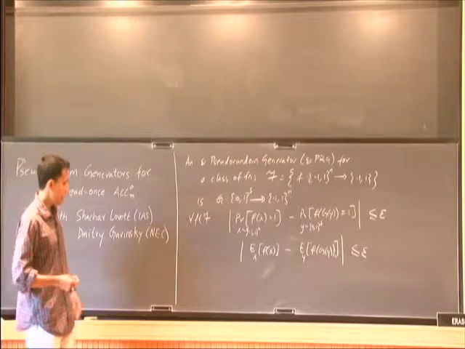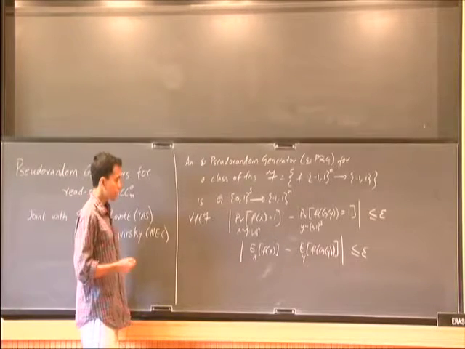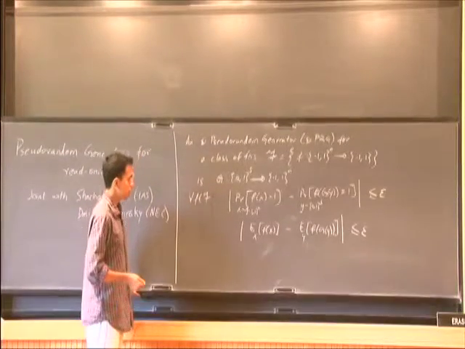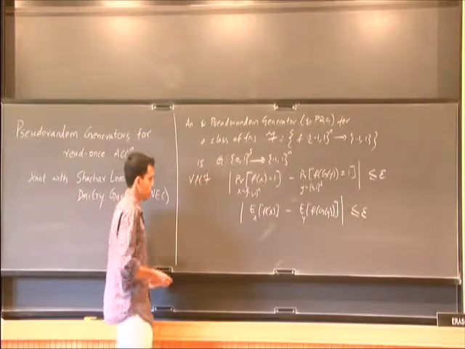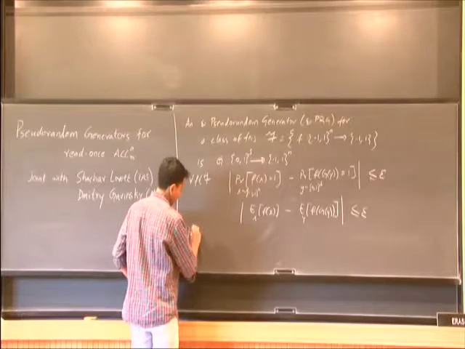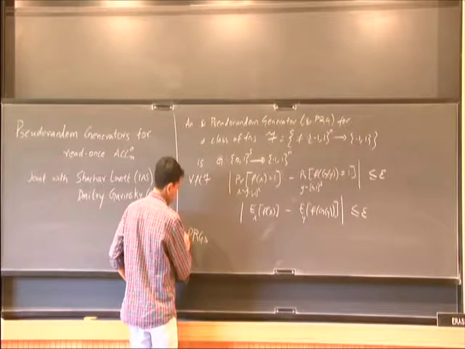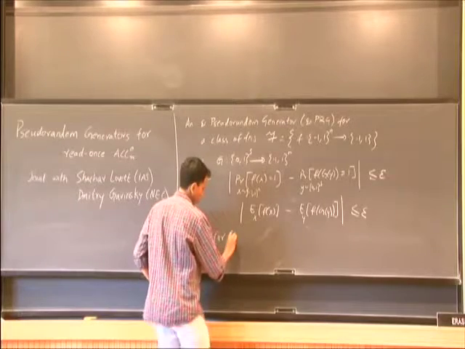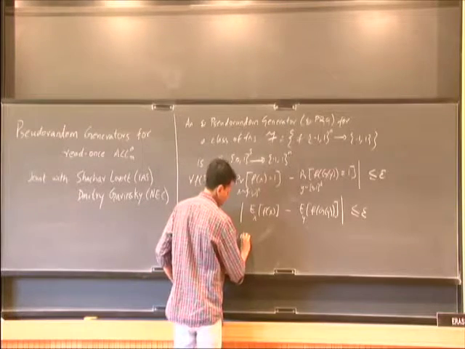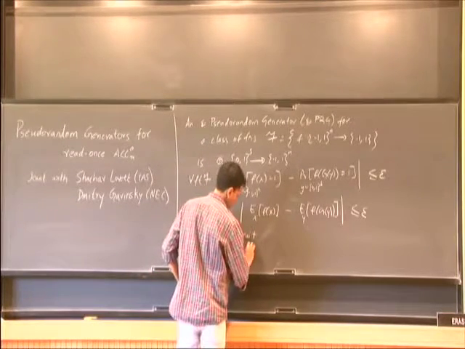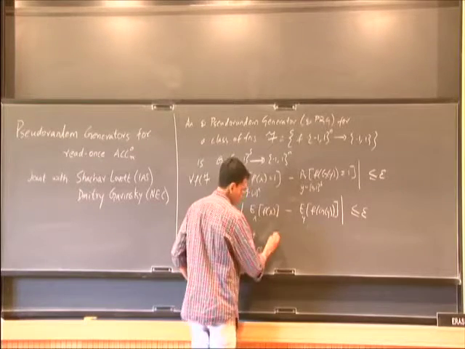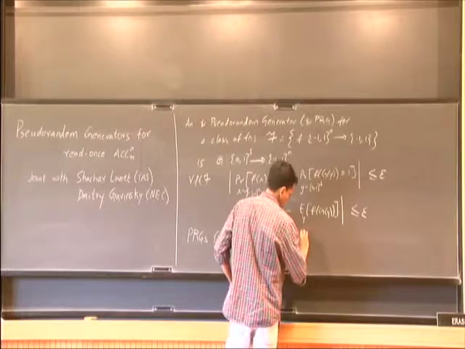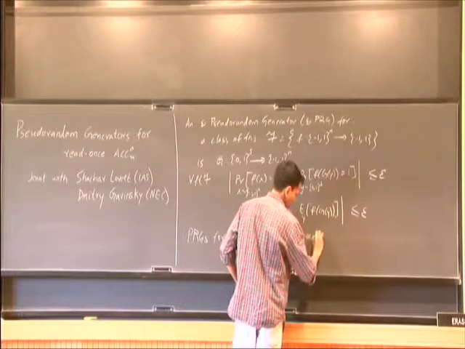And what we are going to be talking about are pseudorandom generators for classes of circuits. In general, this is a fairly hard problem. So why is that? Here's a folklore fact: pseudorandom generators for circuit classes are at least as strong as circuit lower bounds.